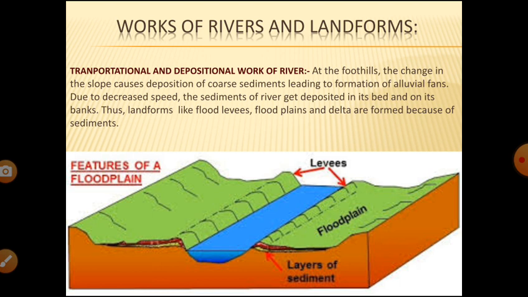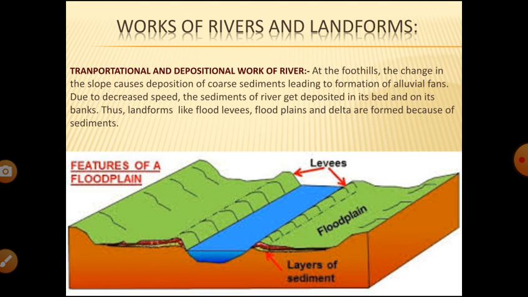By the time the river reaches the sea, its riverbed becomes very wide and its speed becomes very slow. The sediments of the river get deposited in its bed and on its bank.